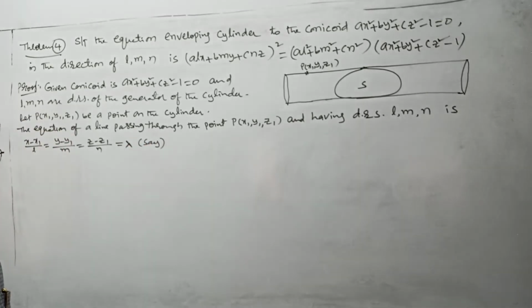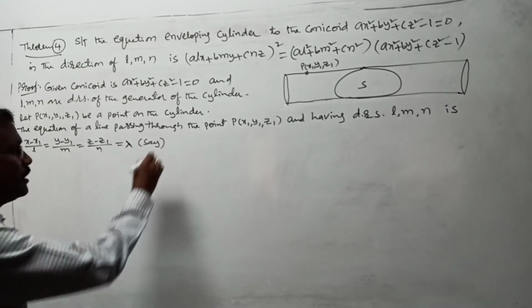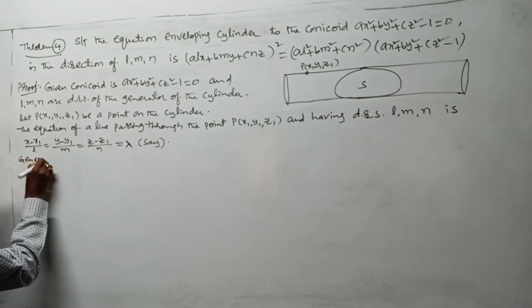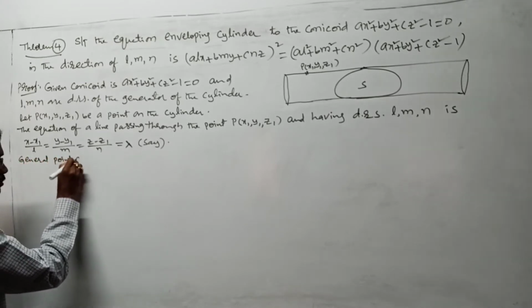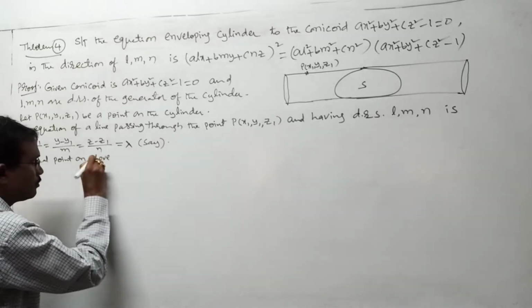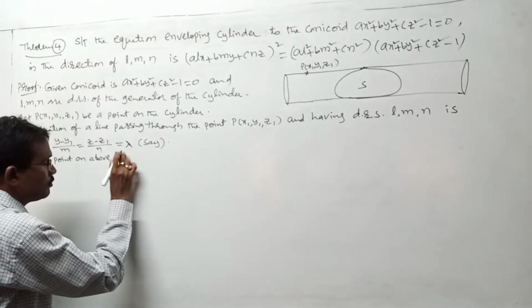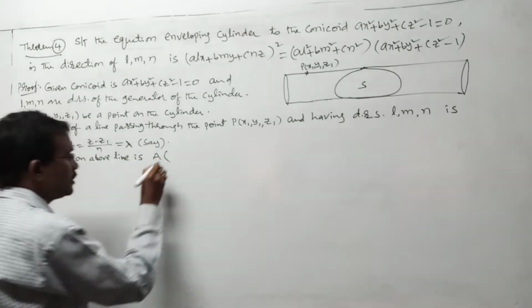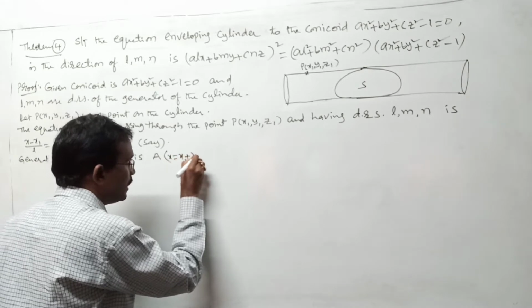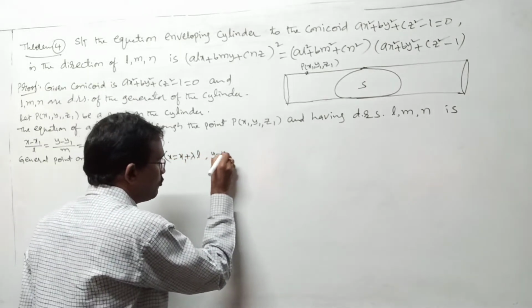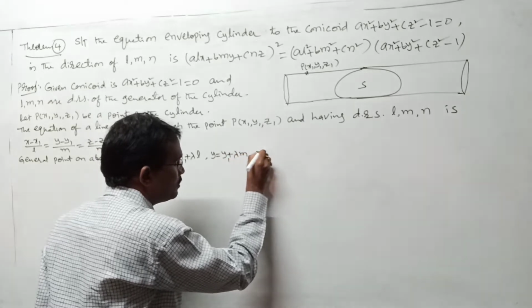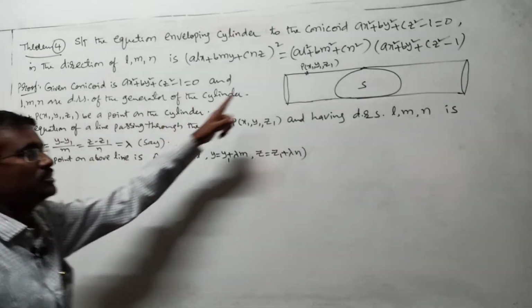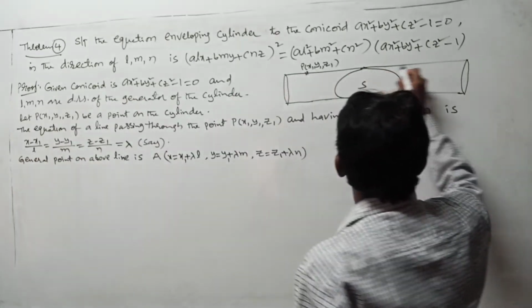The general point, which I denote with capital A, is x equal to x1 plus lambda l, y equal to y1 plus lambda m, z equal to z1 plus lambda n.